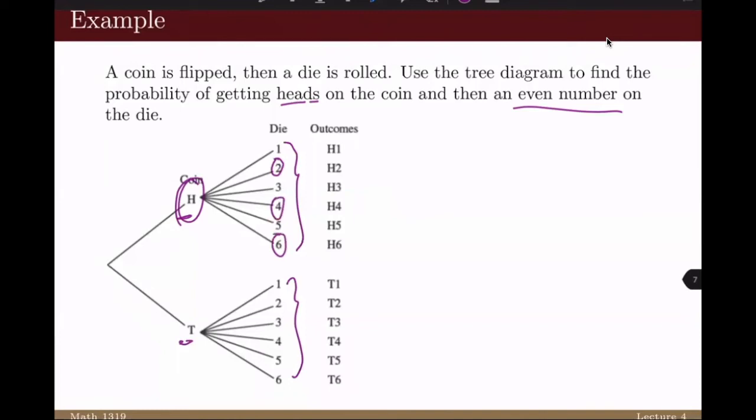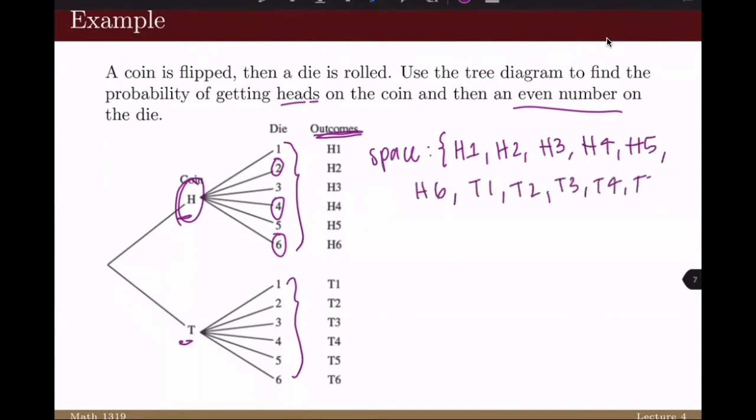So looking at our sample space over here, which is our list of outcomes, our sample space would be heads and then a 1, heads and then a 2, and then etc. So we can see that we have 12 total outcomes.